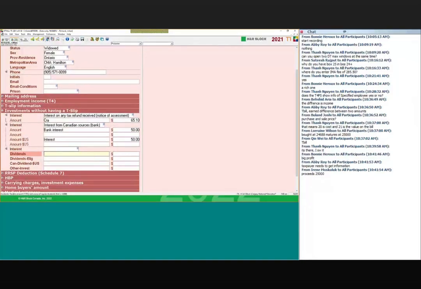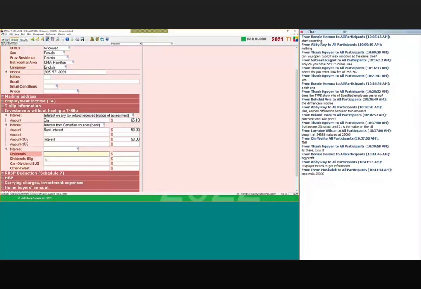It actually does tell you that. Where is it here? Oh, here it says. So this would be dividends. They want you to put the taxable amount in, and here is another line. This here would be at 138, and it looks like this one would be at 115.